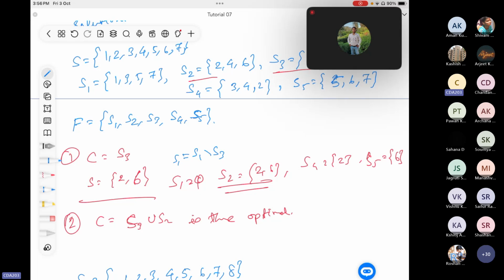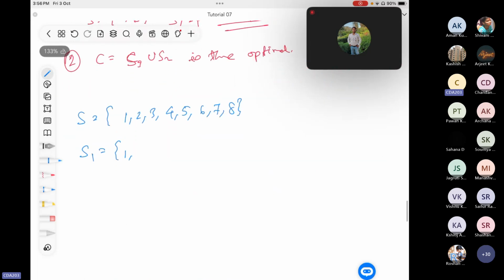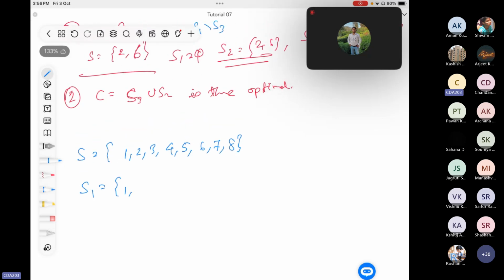S3 is already included, and S3 is the maximum cardinality, so you include it in the solution. All right. Now, I'm going to make that.